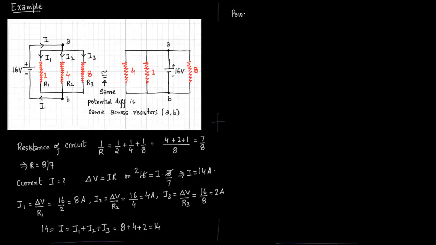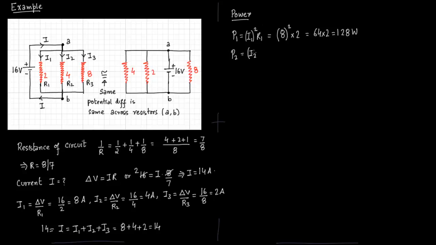So now we come to power. Power is given as I1 square R1, so that is 8 square times 2, 64 times 2, 128 watts.